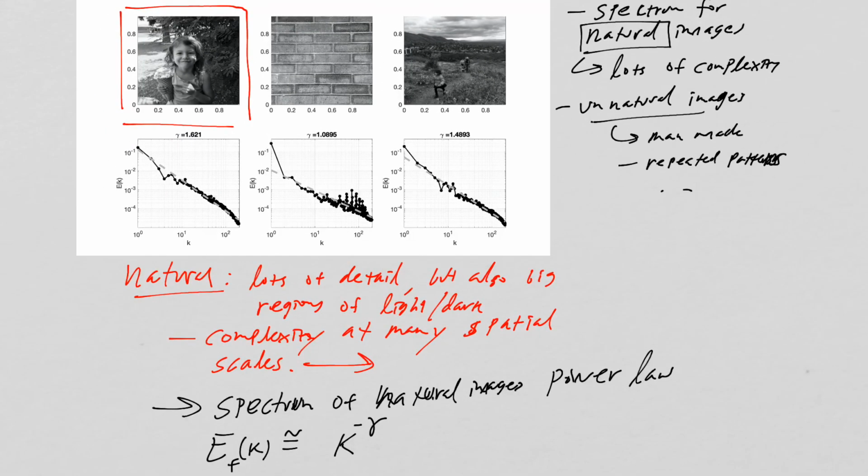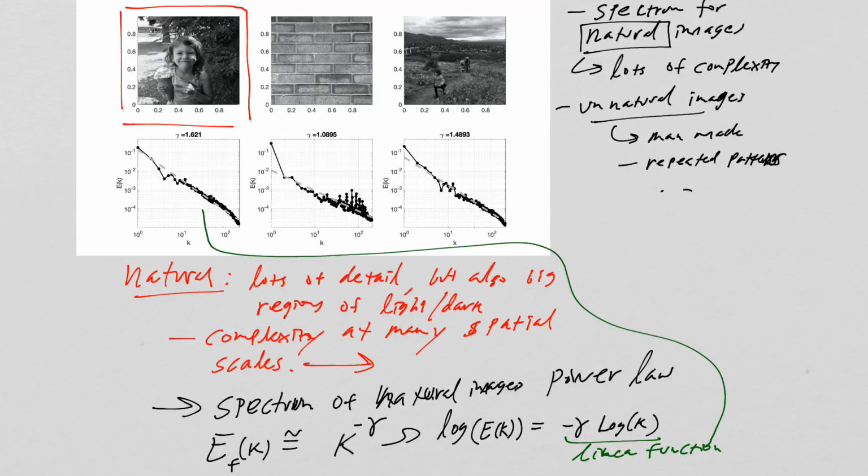And now what I'll show you up here is that if you take the log of E_K, if you plot it on a log scale, what you're going to get is that this becomes, on a log scale, a linear function.